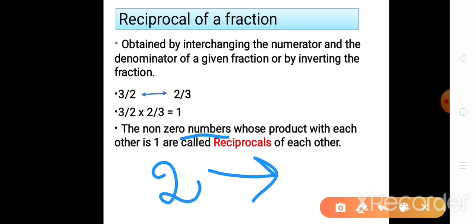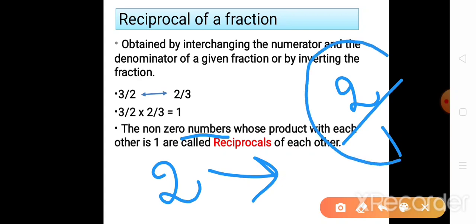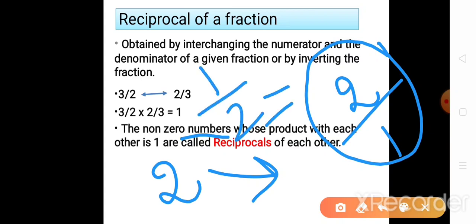Therefore, 2 will become 2 by 1, right? Because it doesn't have anything as a denominator, so we will keep 1 as the denominator, and then the reciprocal of this particular fraction is going to be 1 by 2, right? Quite a simple task to do.